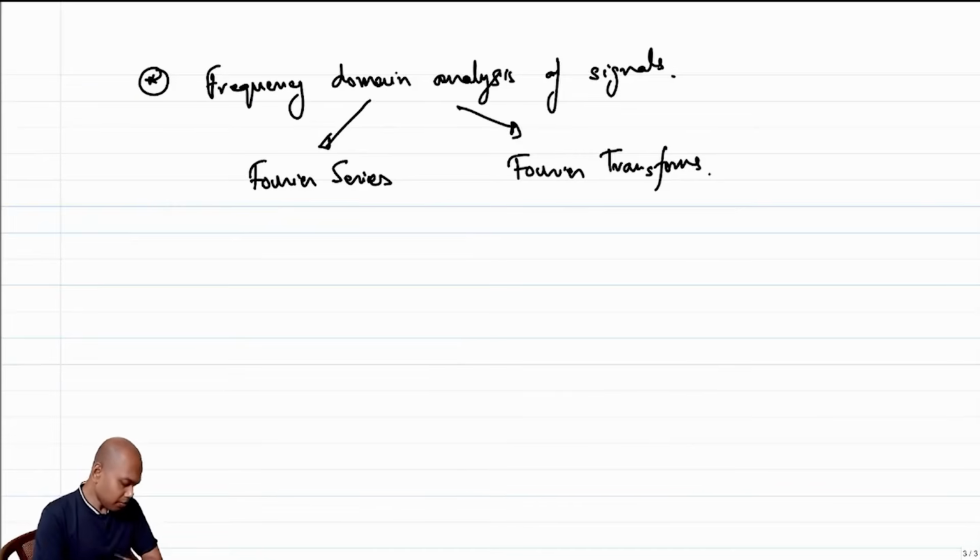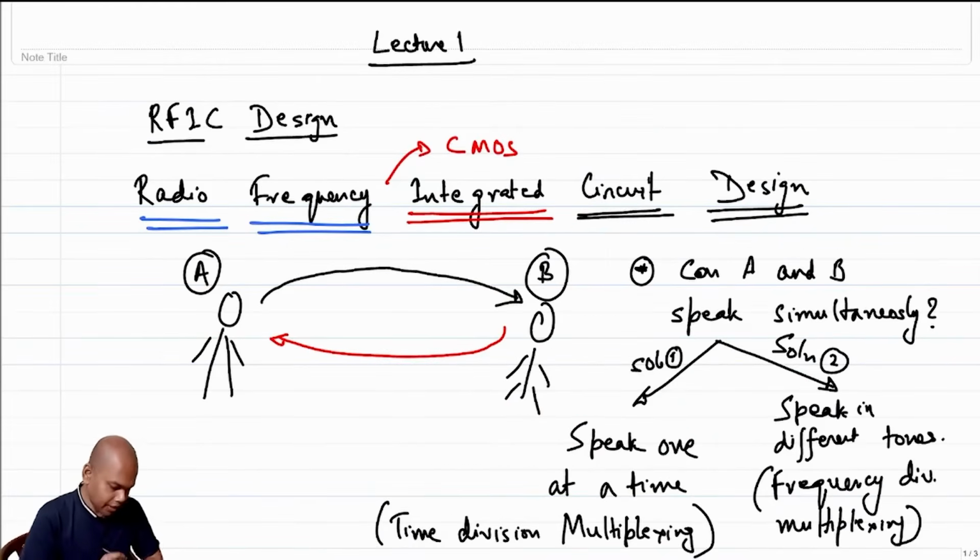Okay, so what else are you going to learn in this course? We'll go back to the same example again. Let's say this is an example where two persons are trying to communicate, but as you know, there are more than two people in this world, right? Let's assume there are multiple people in a field or in a classroom or any closed setting, and they are trying to talk to each other.